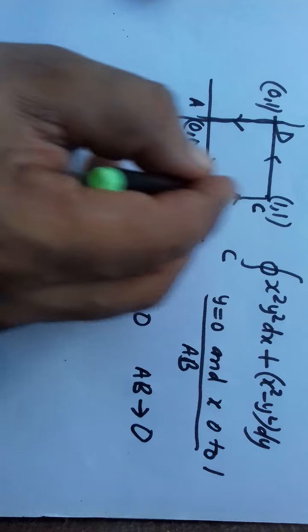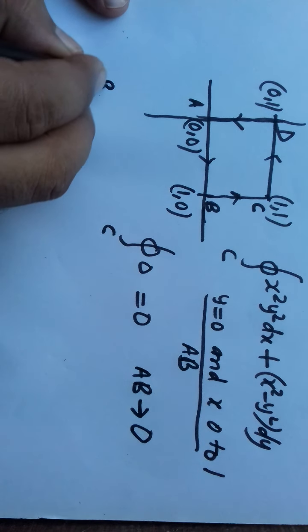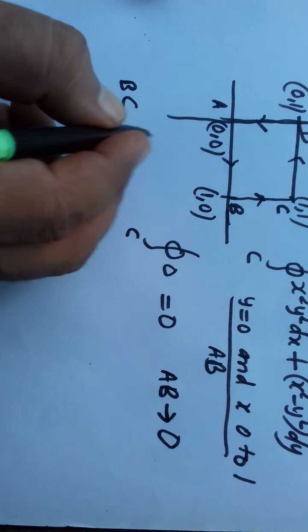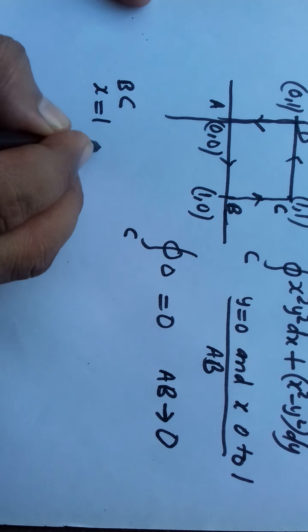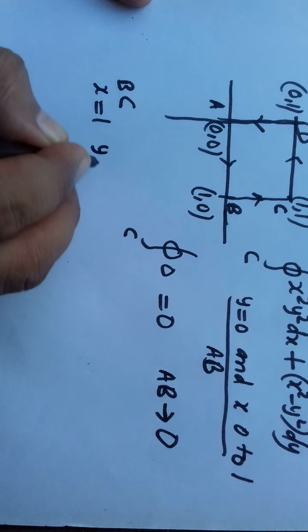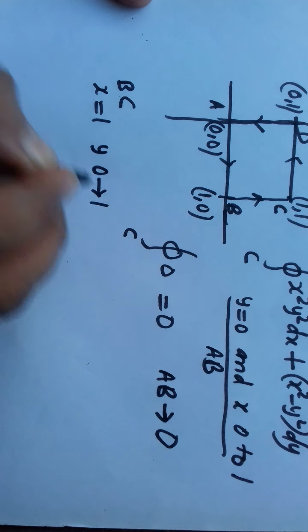Now along BC, we see x equal to 1 and y goes from 0 to 1.